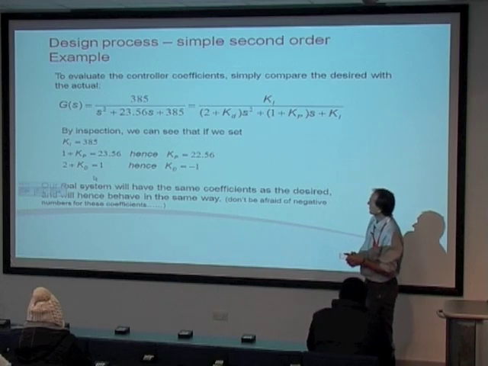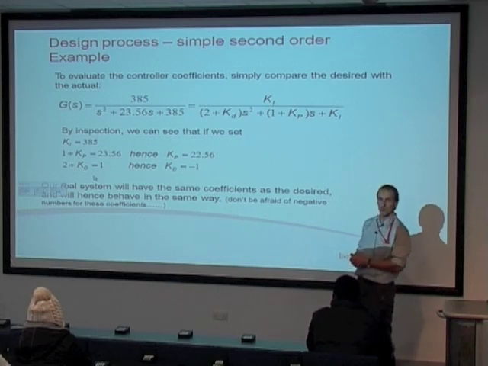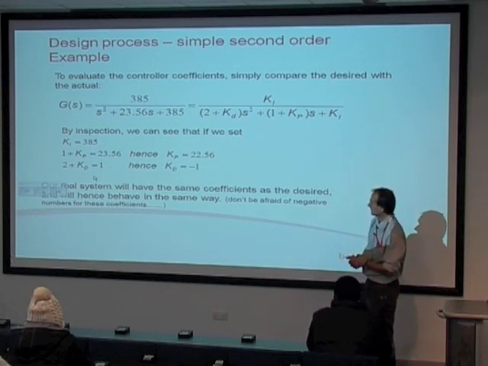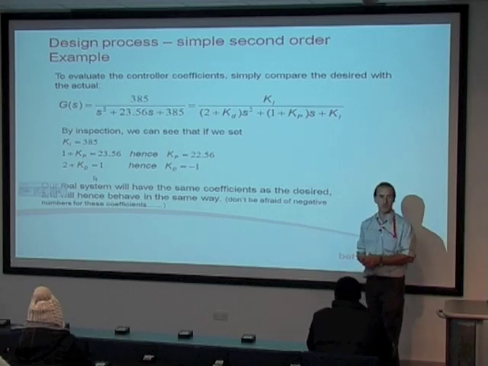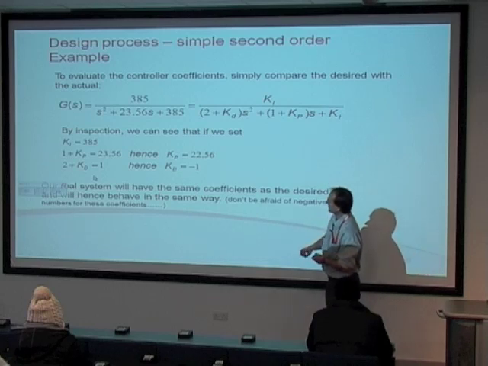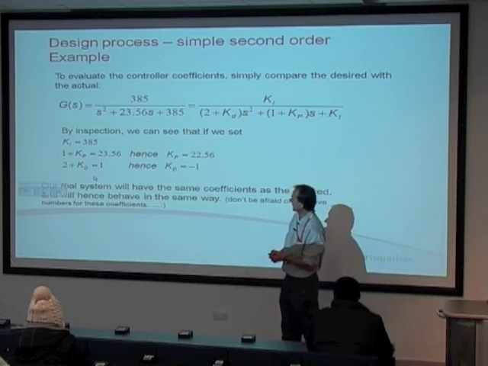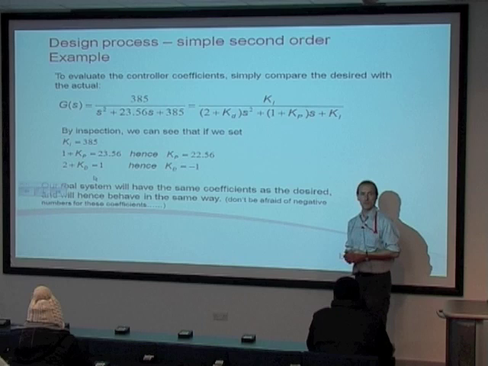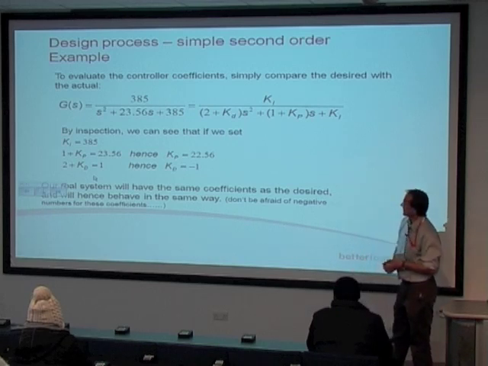The s squared coefficient, 2 plus kd, must be equal to 1. So fairly obviously then kd must be minus 1. 1 plus kp, which is the middle term, must be equal to 23.56, hence kp is 22.56. And the ki term at the end should be 385.